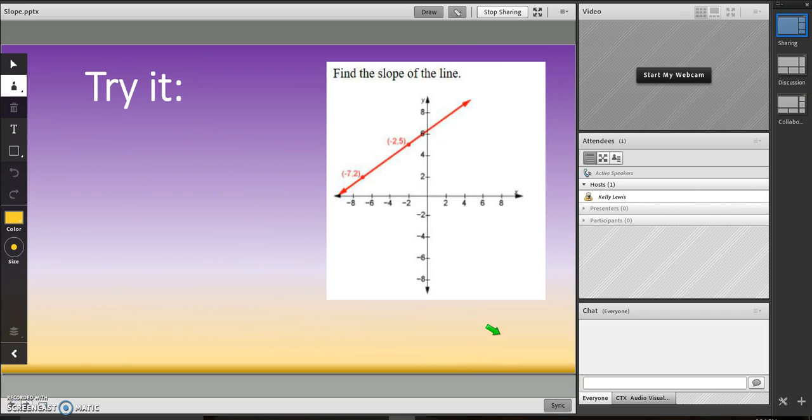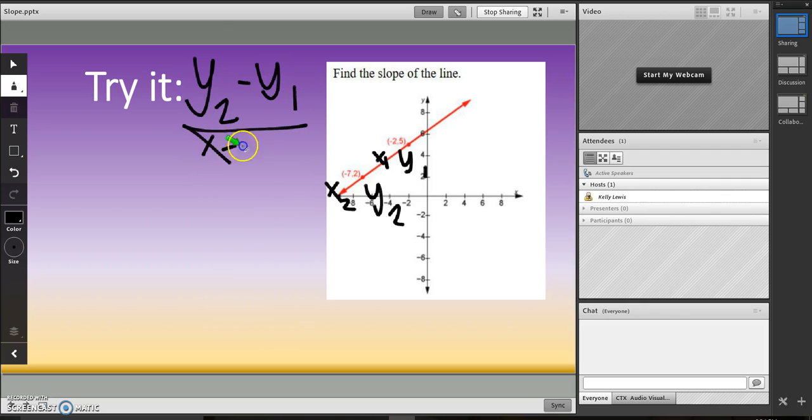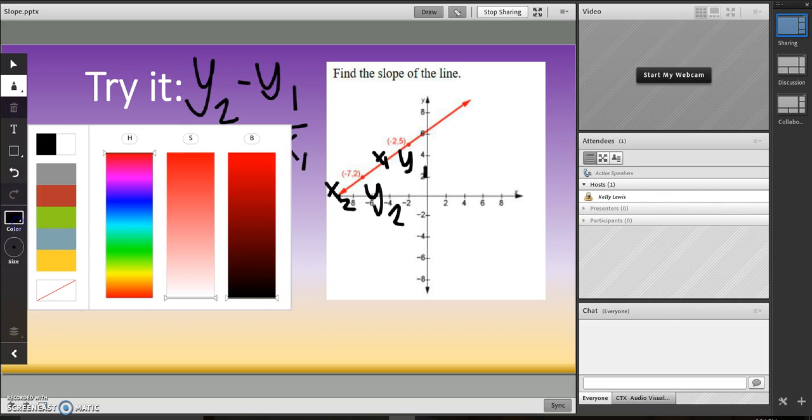All right, let's try this guy. We have 2 points. We'll say that this is x1, y1, x2, y2. In our formula, y2 minus y1, x2 minus x1. So y2 is 2, y1 is 5, x2 is negative 7, x1 is negative 2.